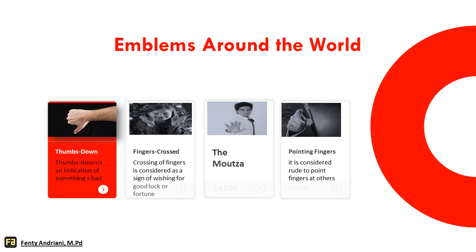The other example of emblem around the world is thumbs down. It is an indication of something that is bad or something that you do not approve of. It also indicates that something or someone has failed, and this is a rude and an arrogant way to indicate failure.